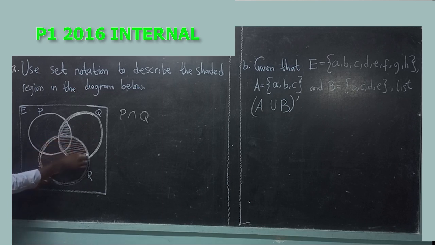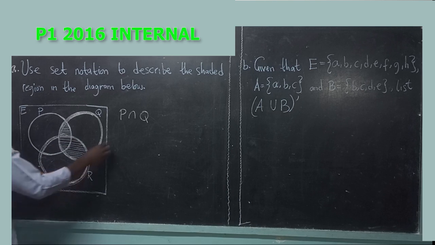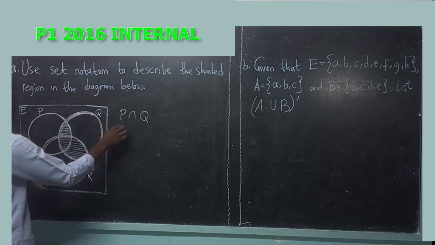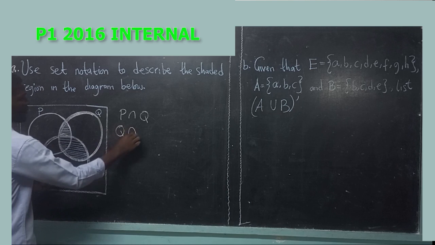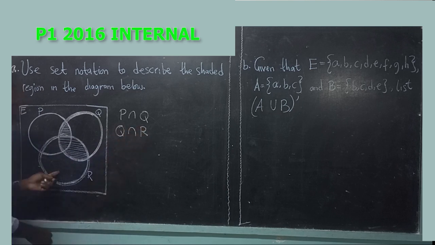And that intersection is Q intersection R. So there is this intersection between P and Q, and there is this other intersection between Q and R.